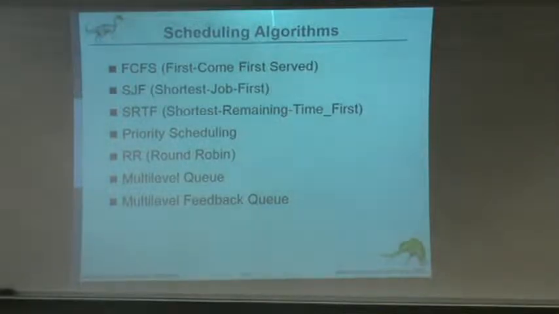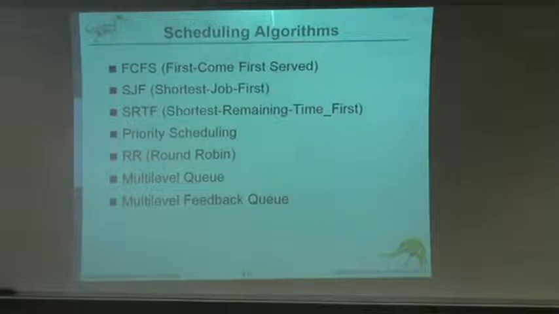However, as I mentioned many times, all of these scheduling algorithms are based on certain different priorities. When we talk about first come first serve, what is the priority? Arrival time is the priority to select the next process. From where?